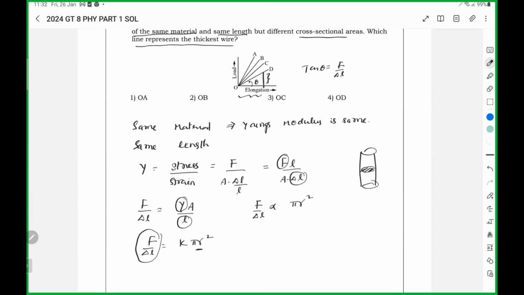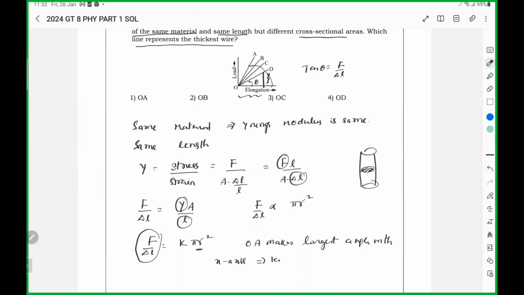If you consider this graph, OA makes the largest angle with the x-axis.